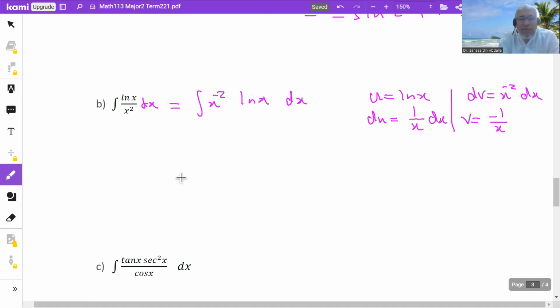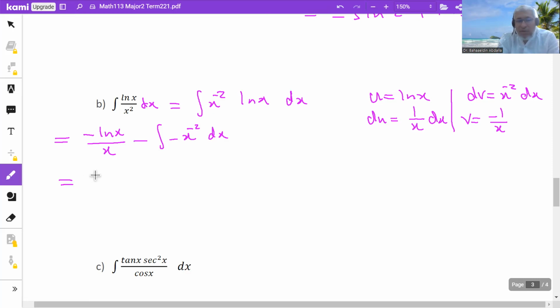So now this integral would be equal to u times v. You multiply these two, u times v. So I'll have negative ln x over x, then minus the integral of v du. You multiply these two. So -1 over x times 1 over x would be -1 over x squared, or I can write it x to the power -2.